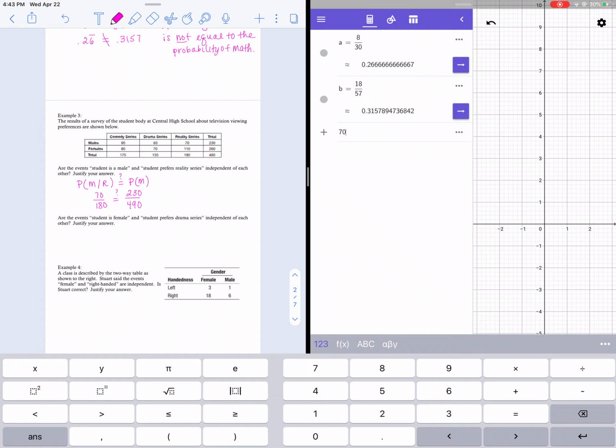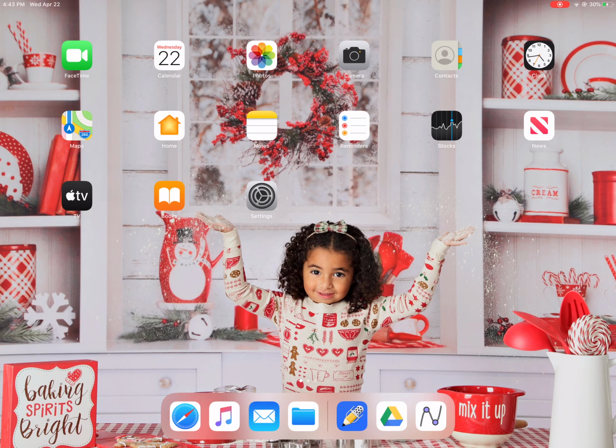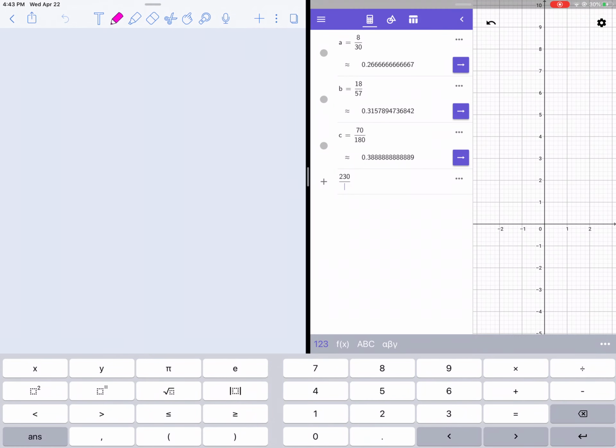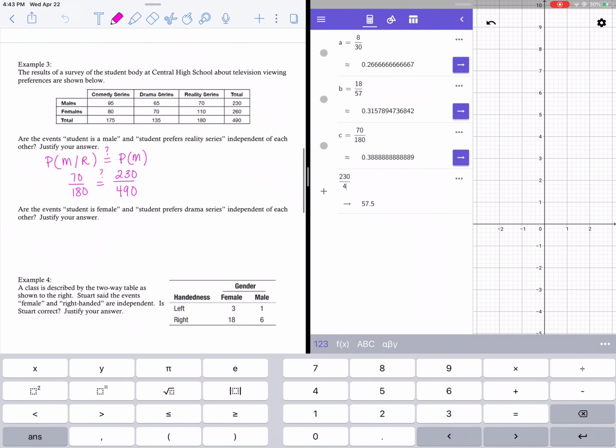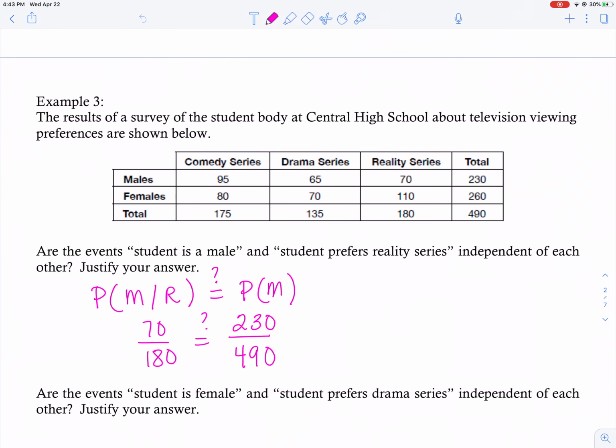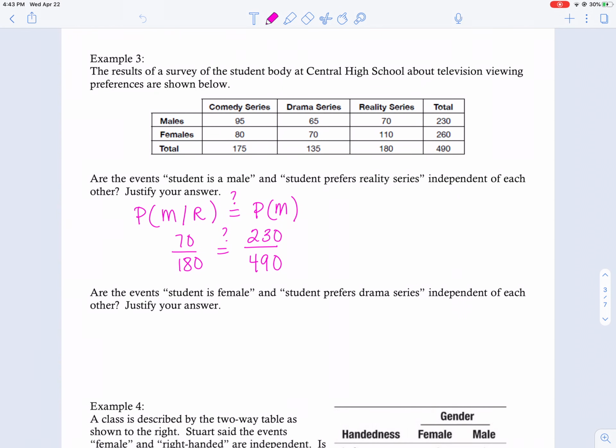Okay, I have 70 divided by 180, which is about 0.38 repeating, and 230 divided by 490. Okay, so we could see that those are not equivalent. 0.38 repeating is not equal to 0.469. It was something like that.